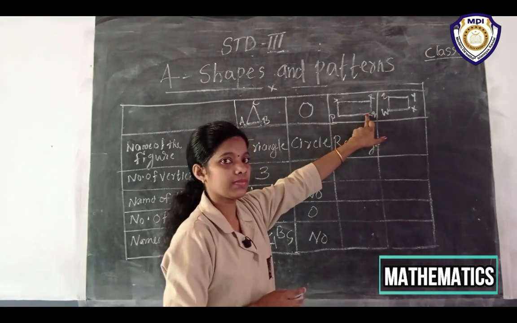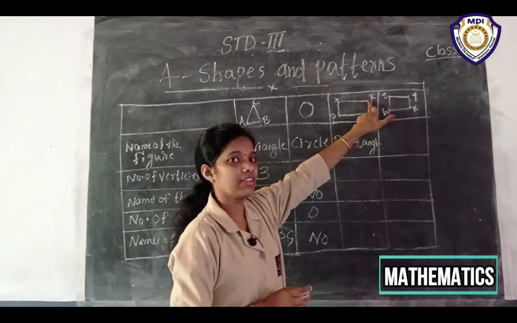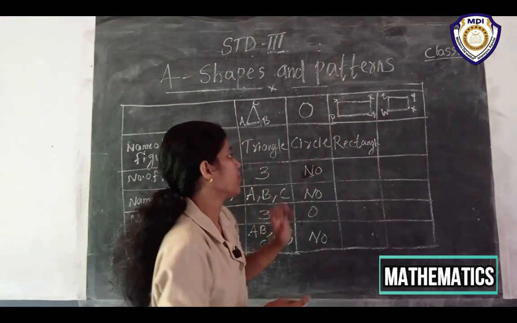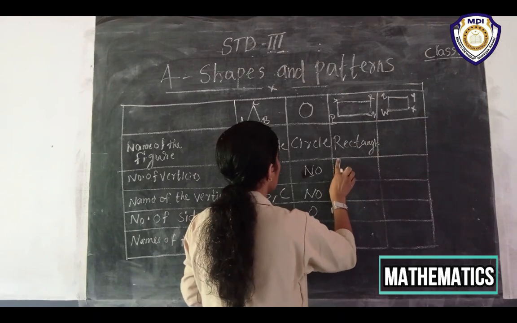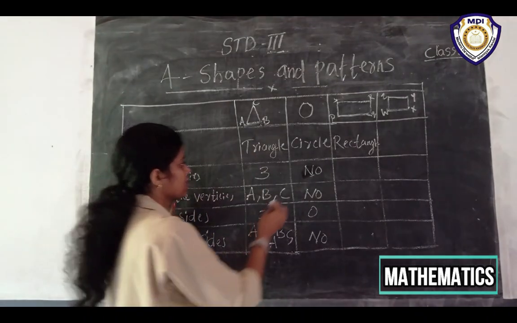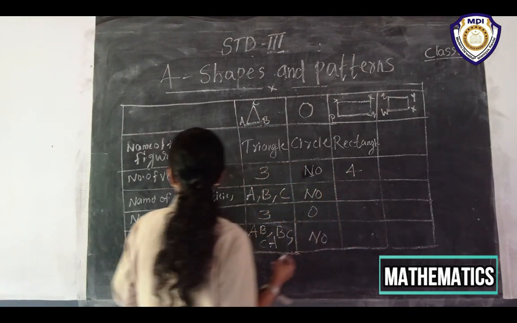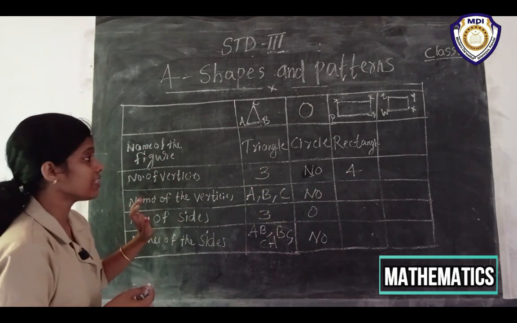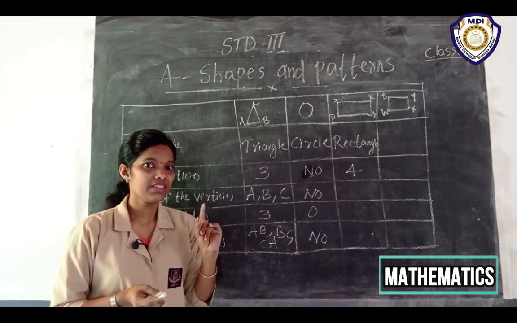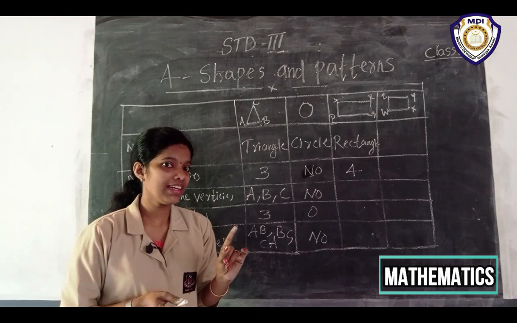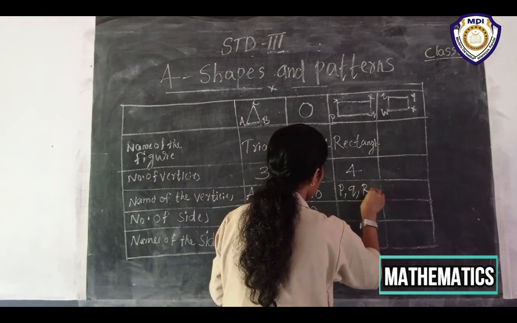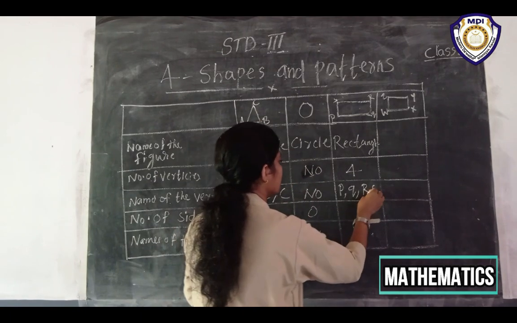P, Q, R, S. Only 4 vertices. Name of the vertices: P, Q, R, S.